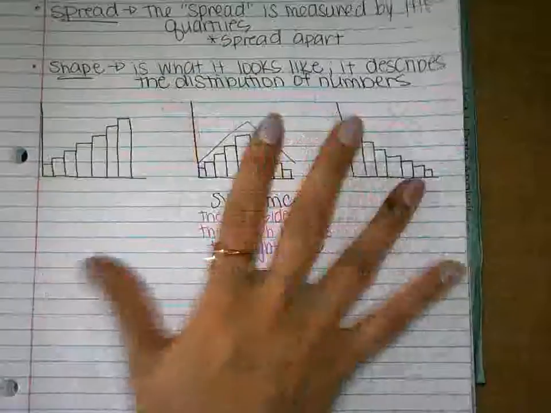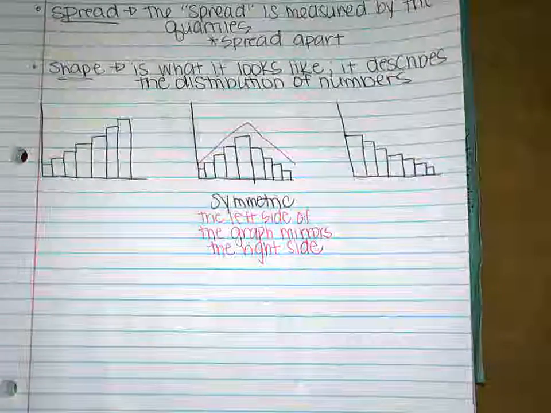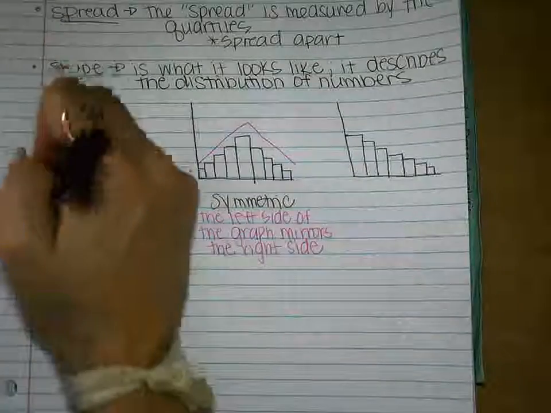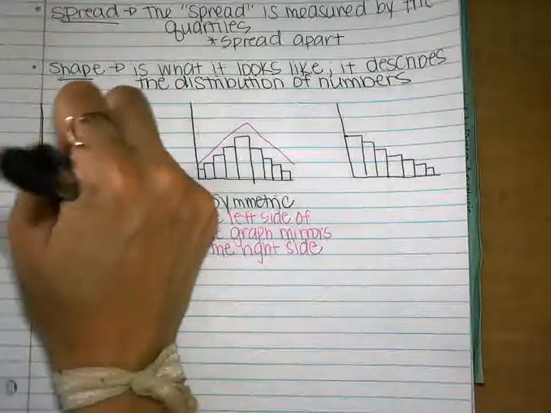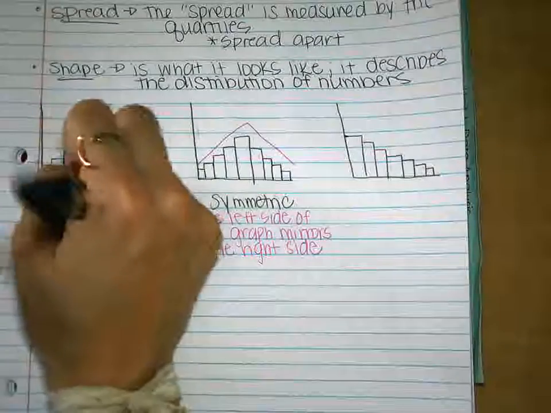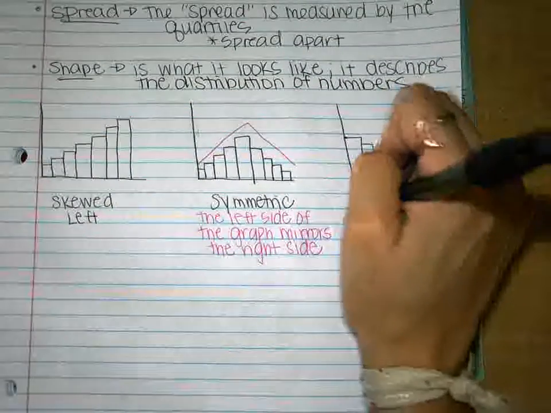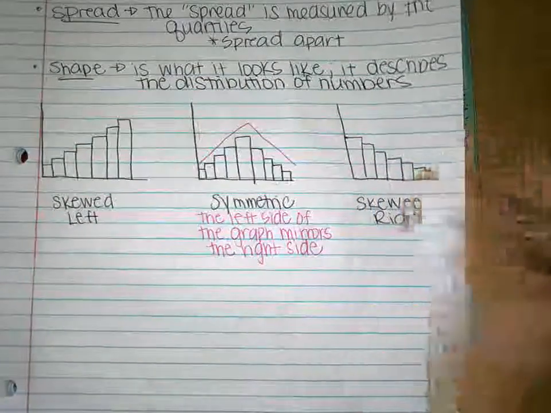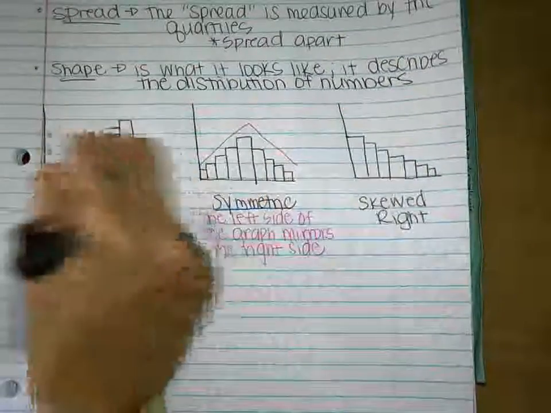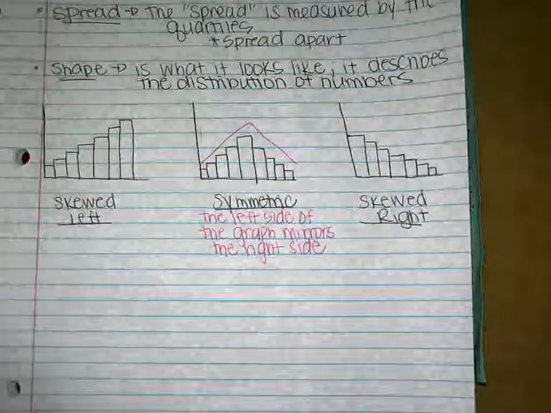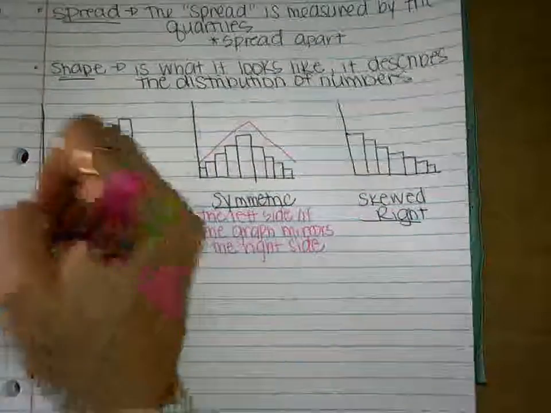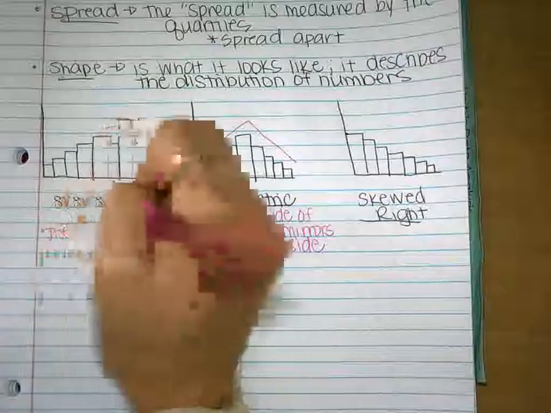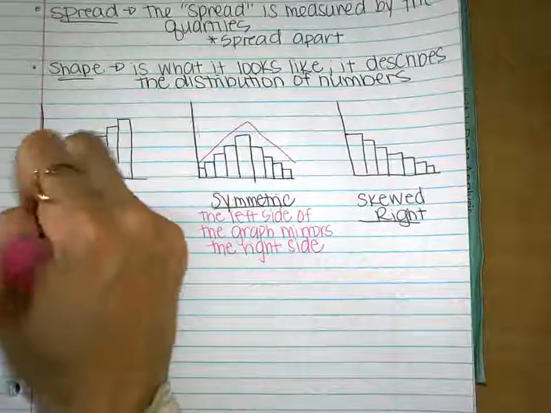Now one of these is skewed left, one is skewed right. Okay, now obviously I don't expect you to know that, so here I go, I'm going to tell you. This one here is skewed left, which means this one is skewed right. What this means is it means what we call the tail extends to the left.